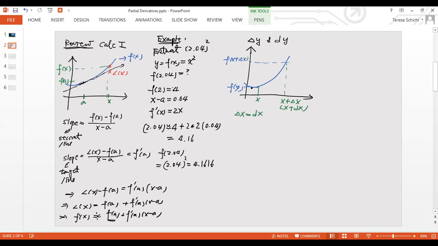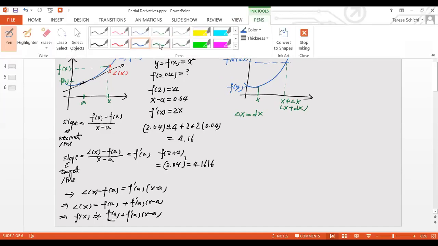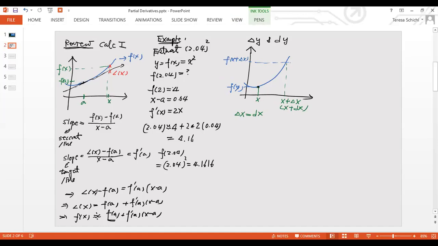Okay, all right, so now we also have a tangent line here, right? So let's draw the tangent line at this point. This is my tangent line here. Okay, so now let's make sure we understand the differences here, right?